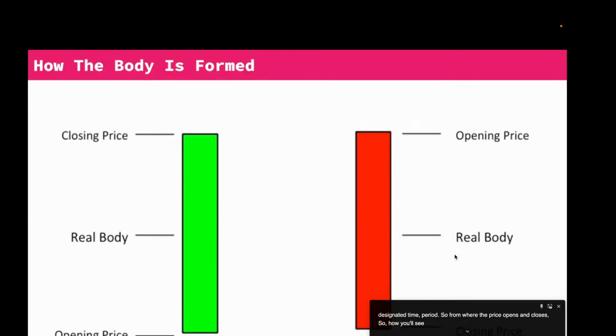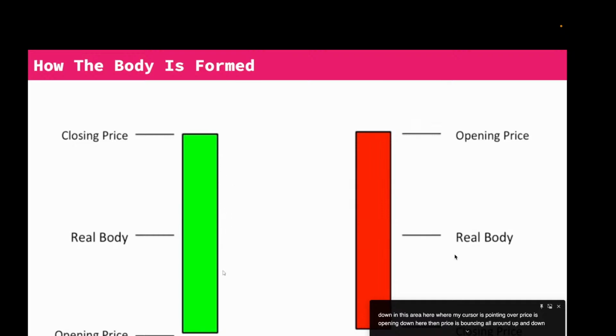How this works in a bullish, green candle example is that price is opening down below, down in this area where my cursor is pointing. Then price is bouncing all around up and down throughout, let's say, a 5 minute time period.